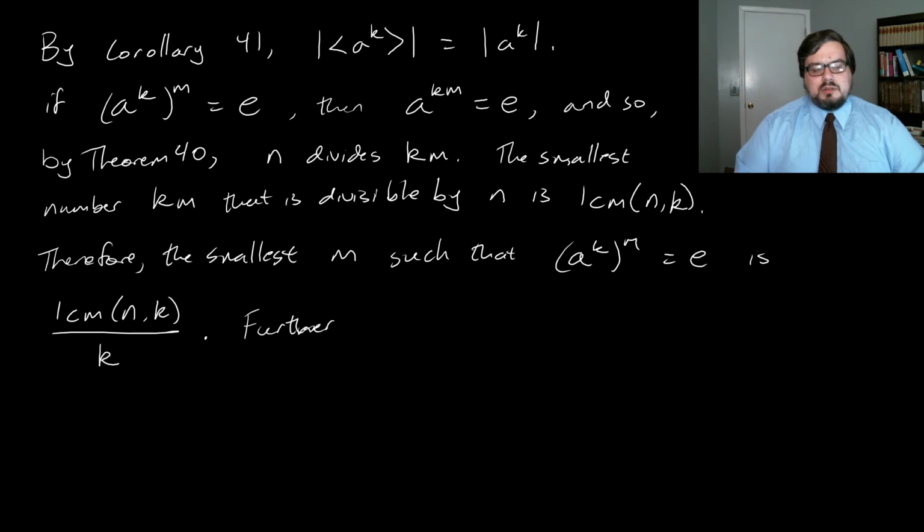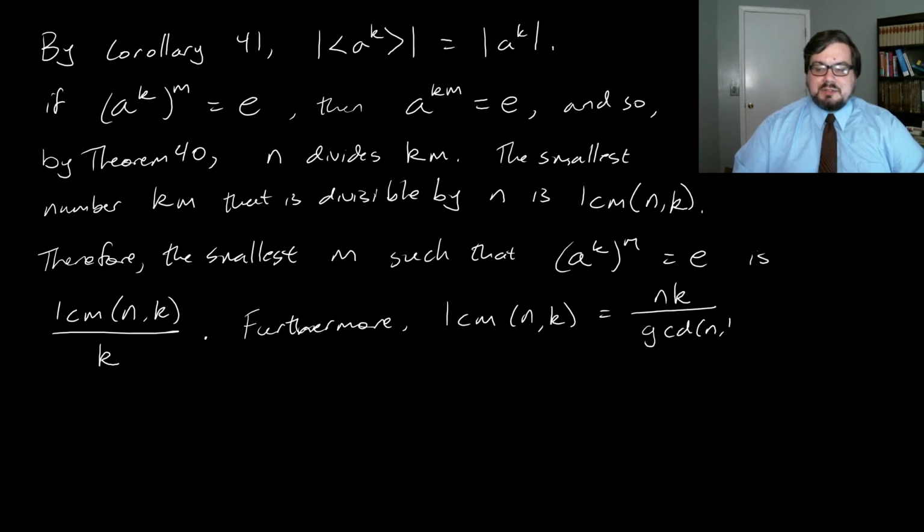Furthermore, the least common multiple of two numbers, n and k, is the same as the product of those two numbers divided by their greatest common divisor, which is nk over d, because we're using d for the greatest common divisor here.